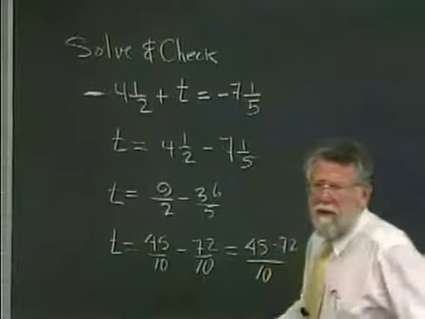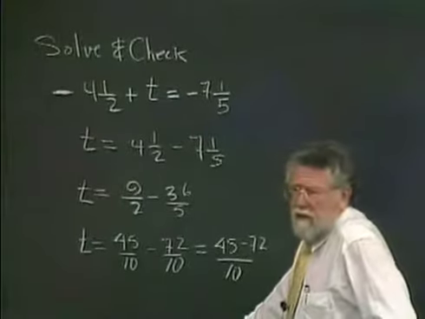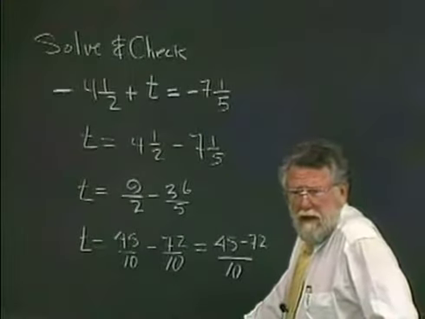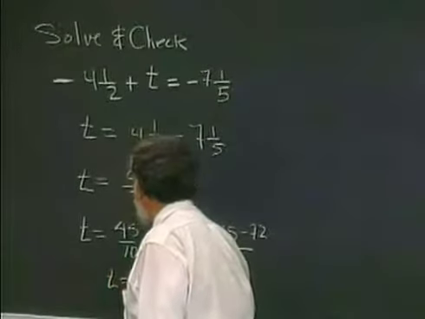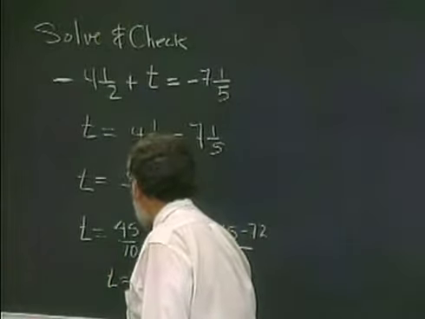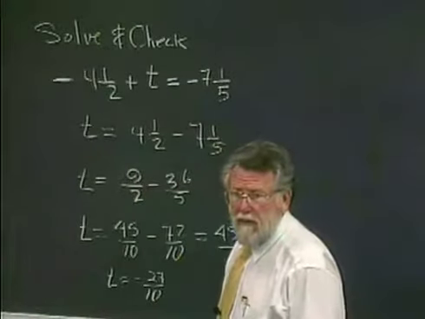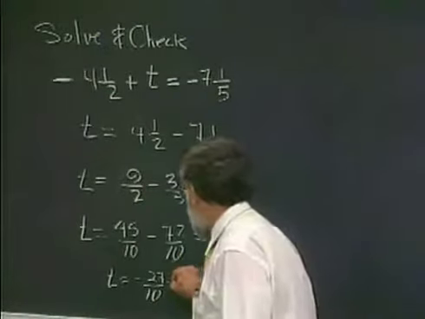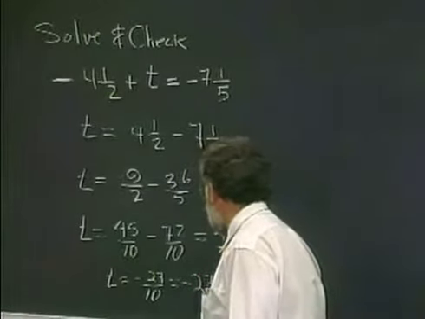And at that point, we would have, what, a negative 30 or 27? So we have a negative 27 over 10, which you could technically leave. But given that we started with mixed numbers, I'd be inclined to go with that. So I guess I would say negative 2 7/10.